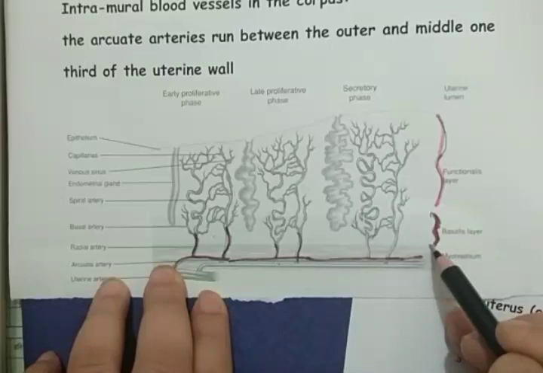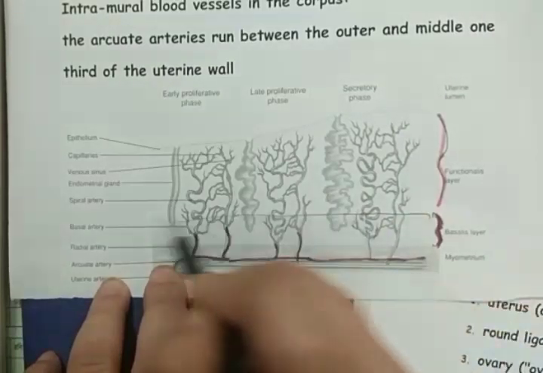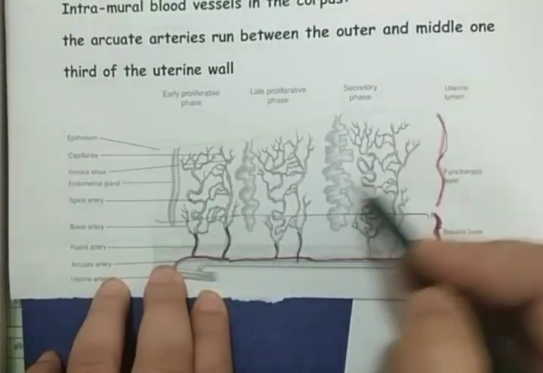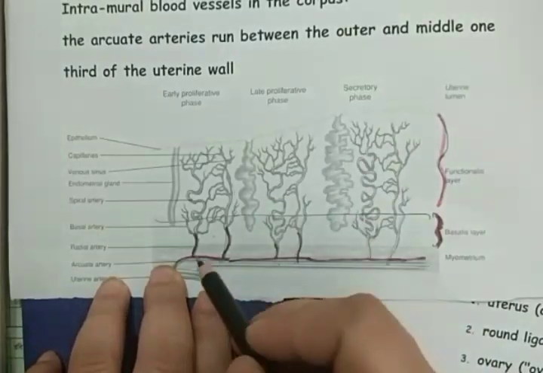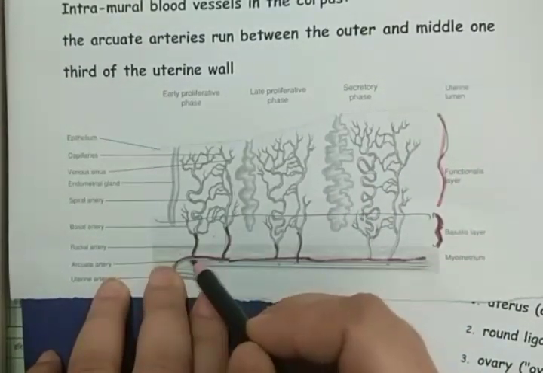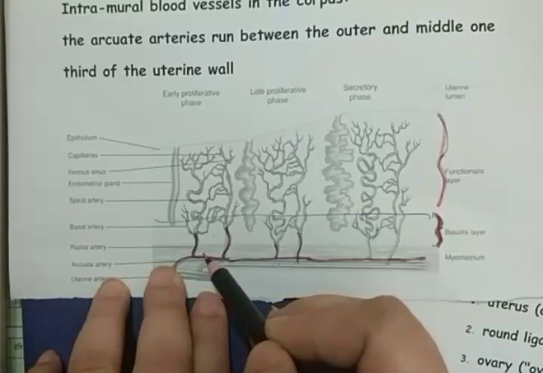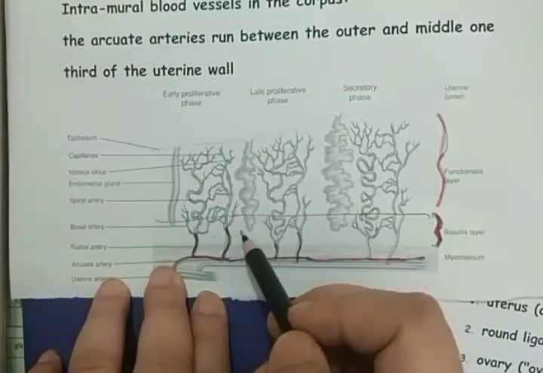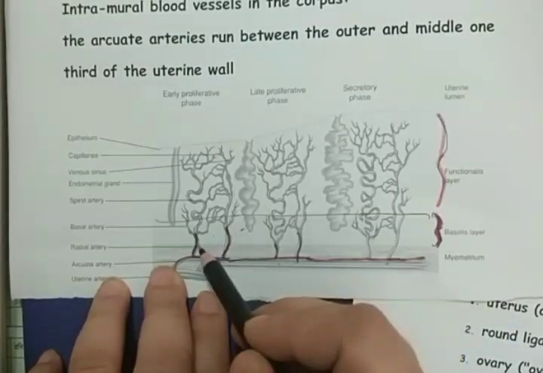This is the basal layer of the endometrium. This is the functional layer of the endometrium. So, the radial artery supplies the inner 1/3 of the myometrium and the basal layer of the endometrium.